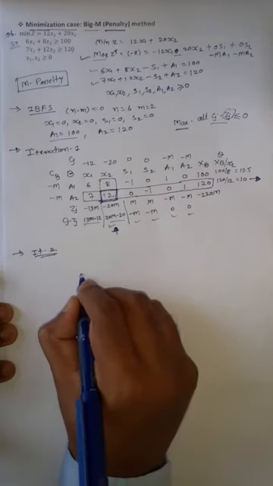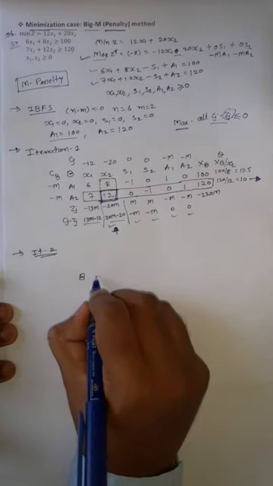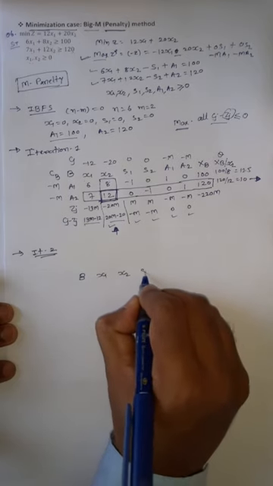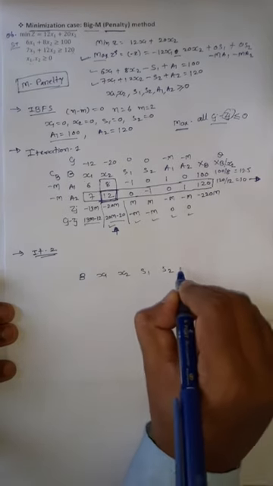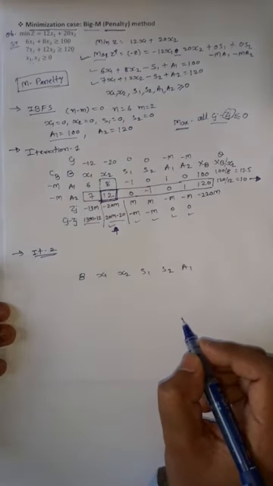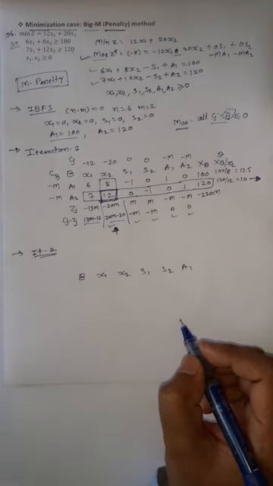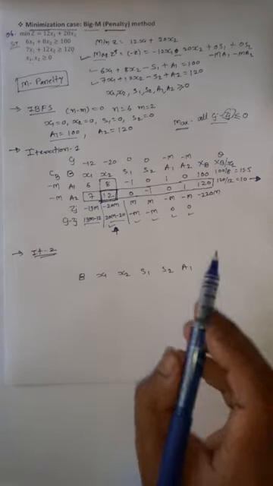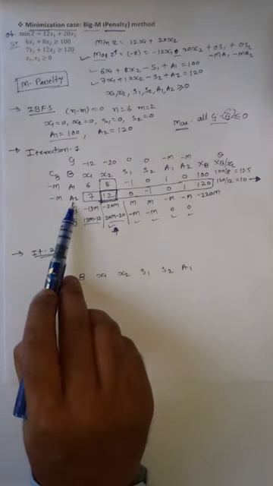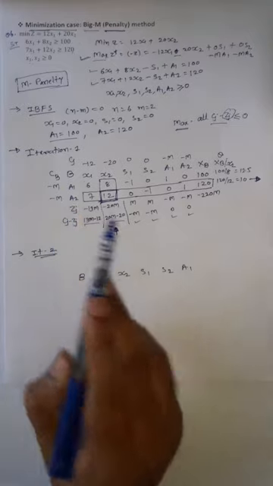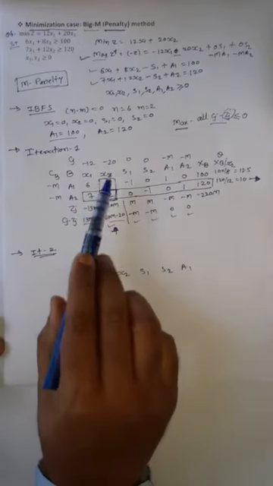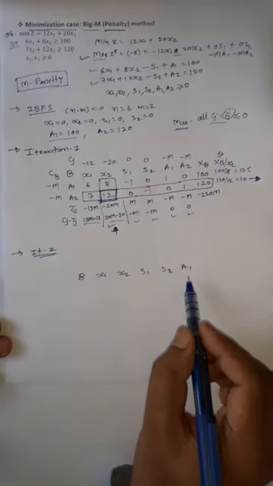First the basic variables, then list out all the variables x1, x2, s1, s2 and a1 only, because it is the facility provided in the Big M method or two-phase method in any minimization case: when an artificial variable is present in the basis and it leaves the basis, there is no need to include it in the main table. So here a2 is replaced by x2, so no need to write it in the main table.